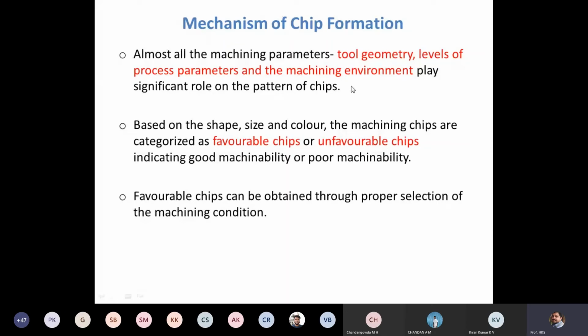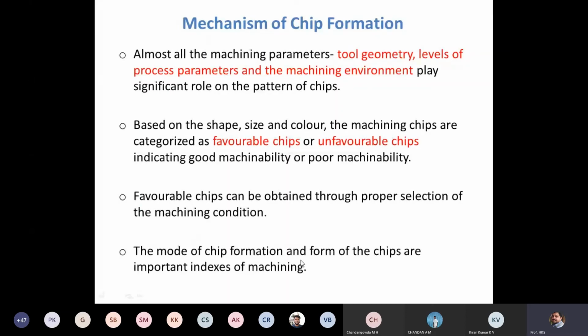So it depends on tool geometry, levels of process parameters, and machining environment. All this will decide the machining condition. The mode of chip formation and form of the chips are important indexes of machining.